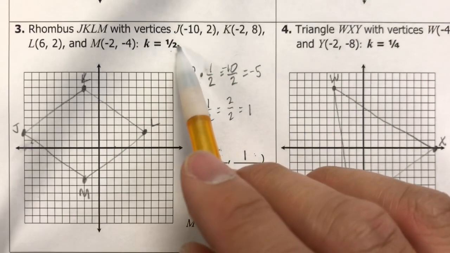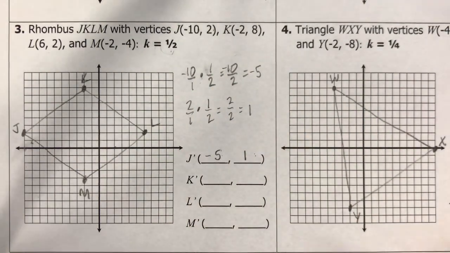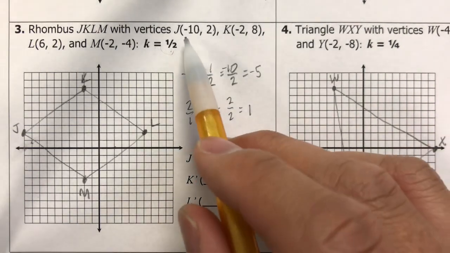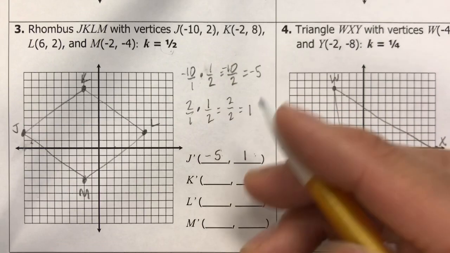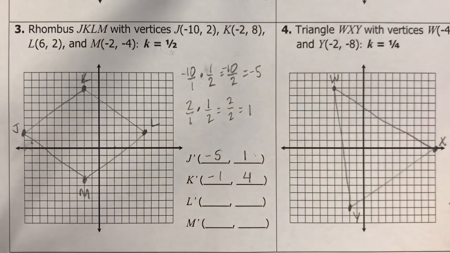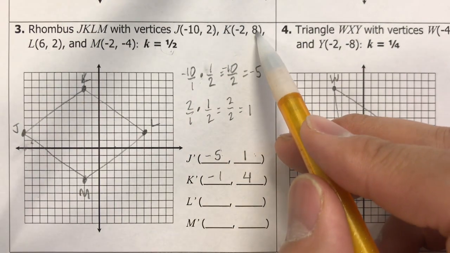And so even though this thing is a fraction, all it's telling me to do is to divide by 2, because it's 1/2. It just wants half of that value. And so K prime is going to be at negative 1, 4, because it's just half of those values.